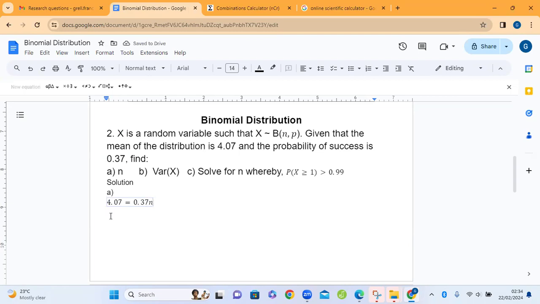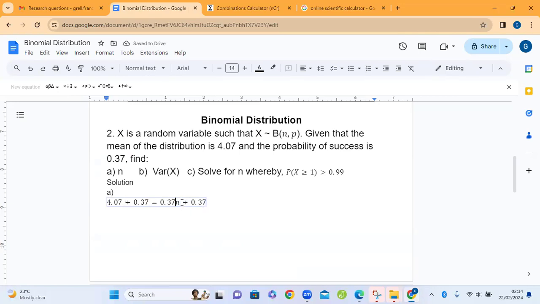So we can just simply divide by 0.37 on both sides to solve for n. So to cancel out 0.37, we divide the right side by 0.37, and we repeat the same for the left side.